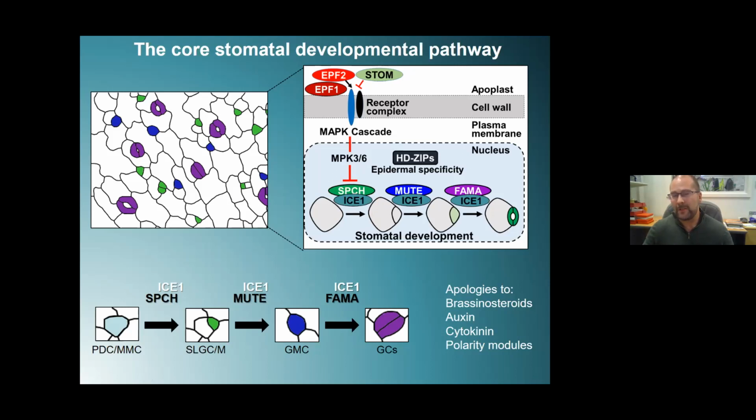And in the case of SPEECHLESS, generally speaking, this is negative regulation. So we tend to think that the MAP kinase pathway negatively regulates stomatal development, but we do know that there are certain points where actually it has the opposite role. And I've left out lots of things here, but really the take-home message is to focus on these early transcription factors, SPEECHLESS and MUTE in particular, and we'll come back to the epidermal patterning factors as well.